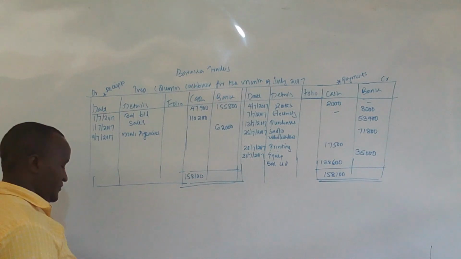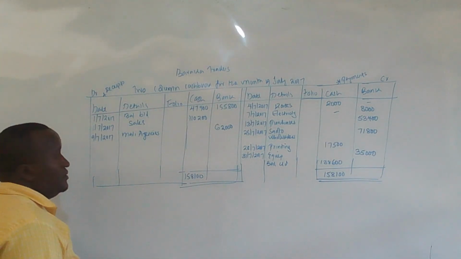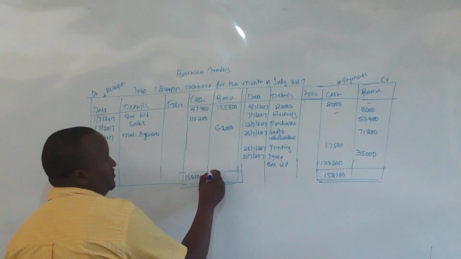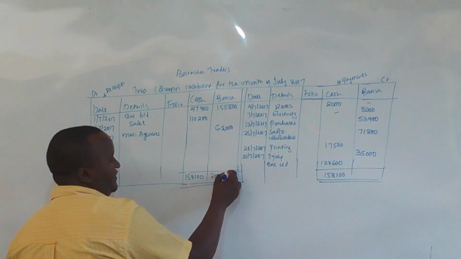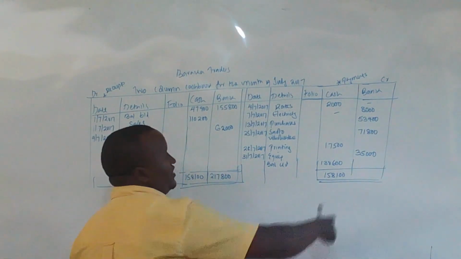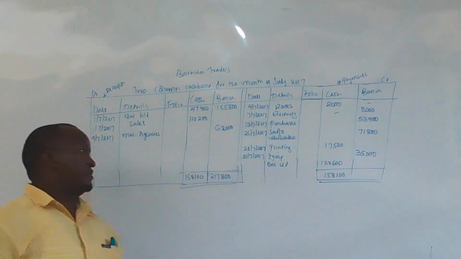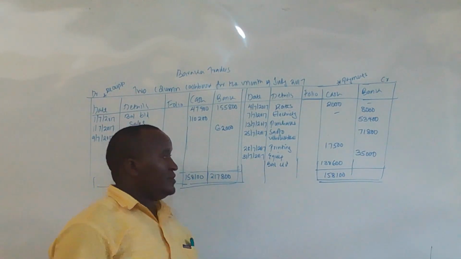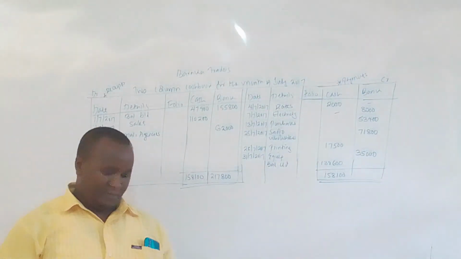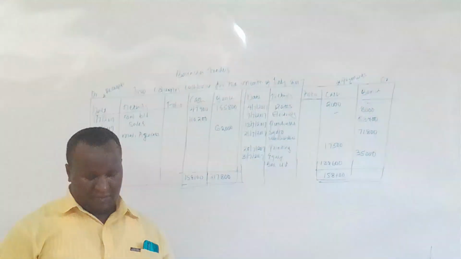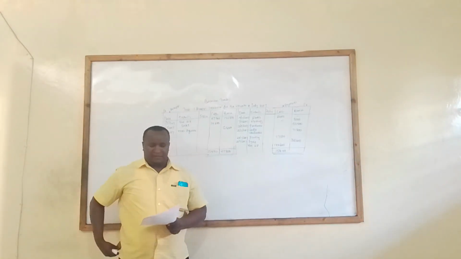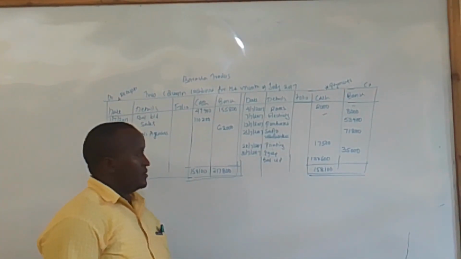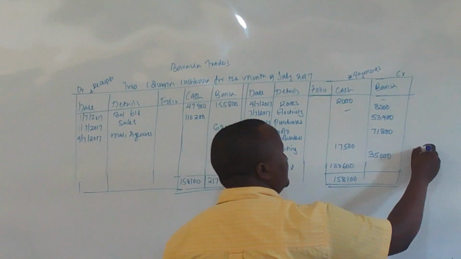Get the total for the bank. 155,800 plus 62,000. These two. You get 217,800 as your total. So when you add the credit, the payments, 8,000, 53,400, 7,800, and 35,000, you get a total of 168,100.